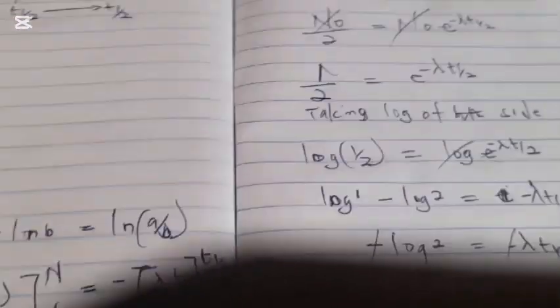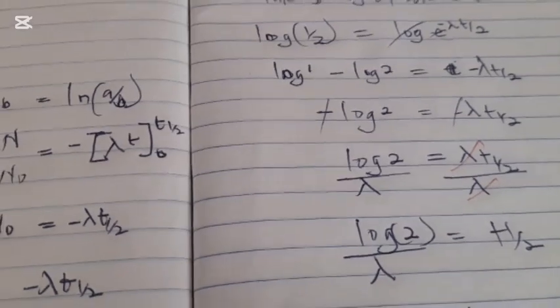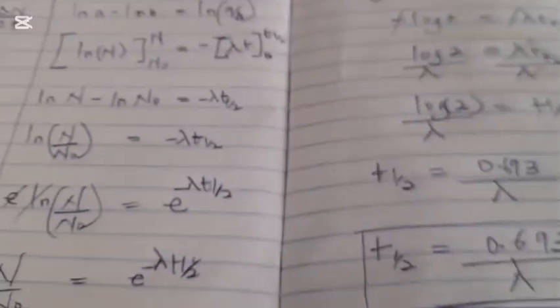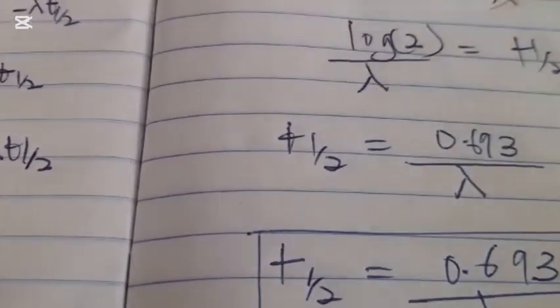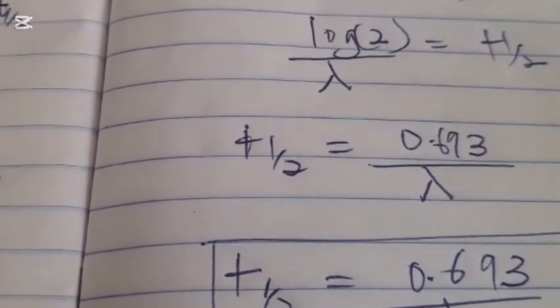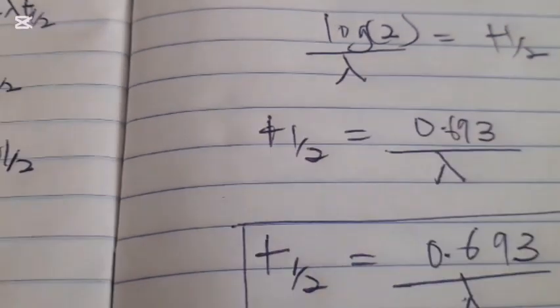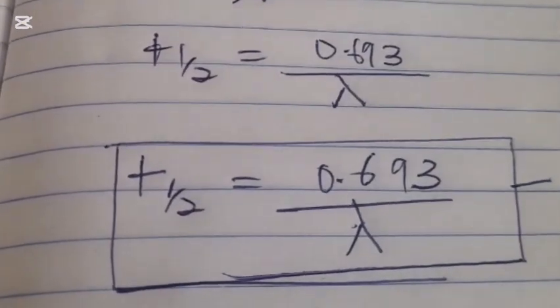And log 2 is 0.693. So to calculate the half-life when the decay constant is given, t half is 0.693 over lambda. When lambda is known, half-life can be calculated. When half-life is given, lambda can also be calculated.